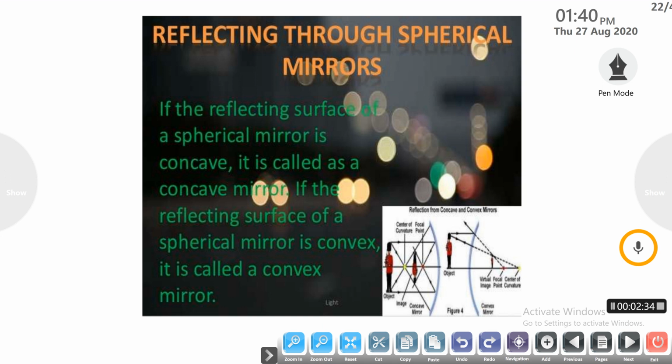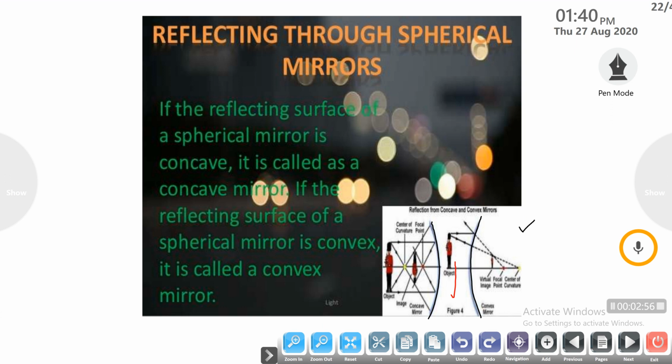And if the reflecting surface of a spherical mirror is outwards, then it is a convex mirror. In this diagram you can see a part of a spherical mirror. This is a part of a spherical concave mirror and this is a part of a spherical convex mirror.